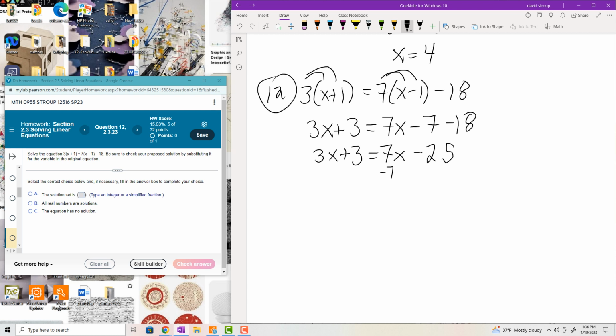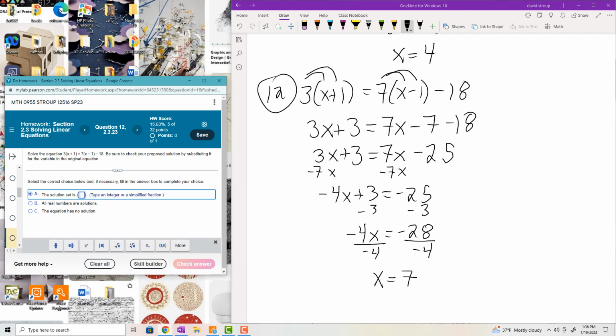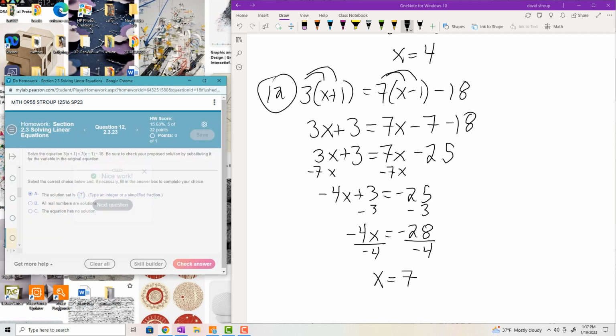So I'm going to move the 7x over. Then I'm going to move the 3 over. Finally, use multiplication property. So whatever's in front of x, that's what I'm dividing by. Negative 28 divided by negative 4 is just going to give you 7. Negative divided by negative is positive. So let's put 7 in there and see what happens.